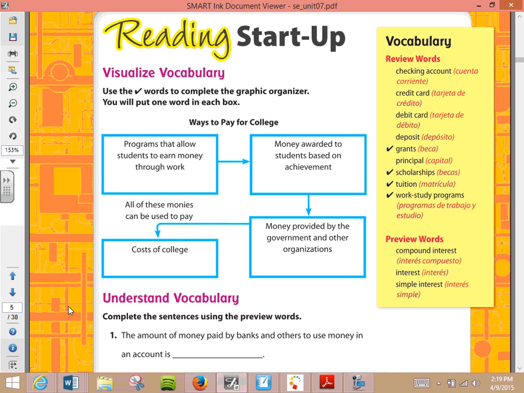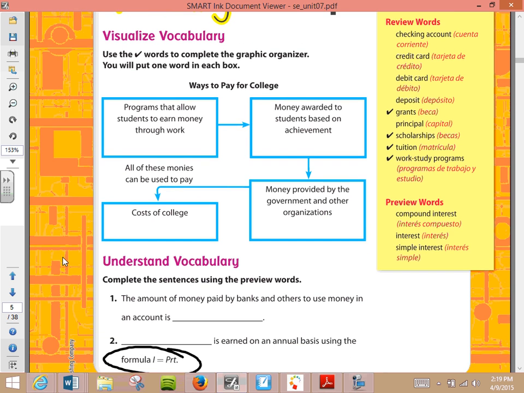What's tuition? The cost of your classes. Books are different. They're basically extra fees, but tuition just covers the cost of you attending a class.